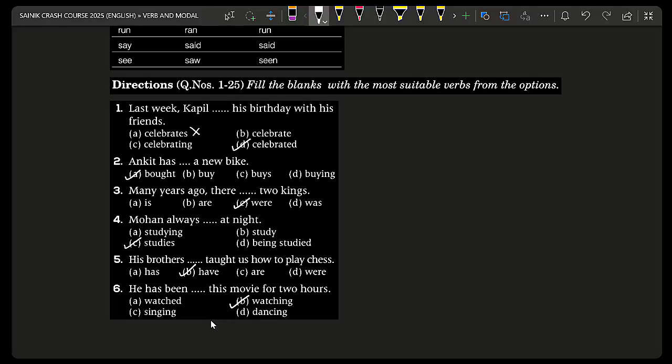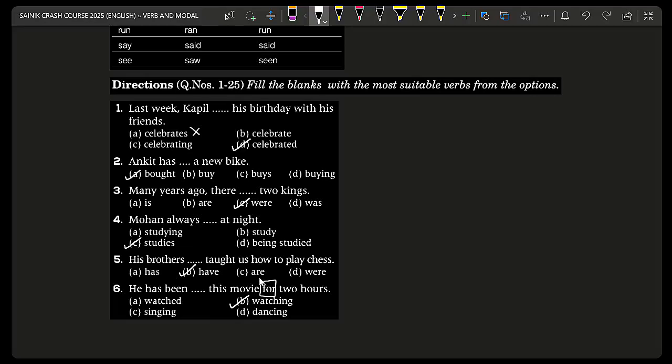Which form? In present we have four forms: simple present, present continuous, present perfect, present perfect continuous. Which form is this? Sir, present perfect continuous. One simple rule: whenever you see since and for, it indicates present perfect continuous, right? Yes, sir.